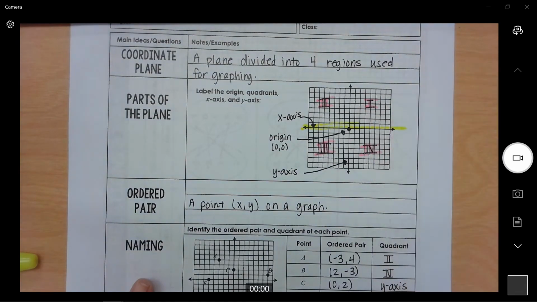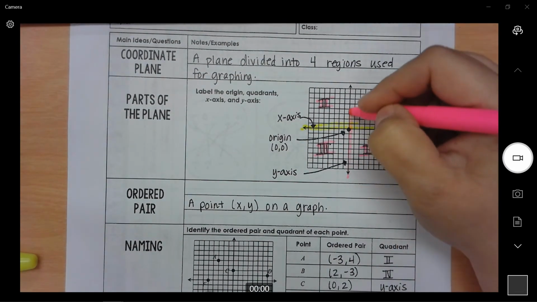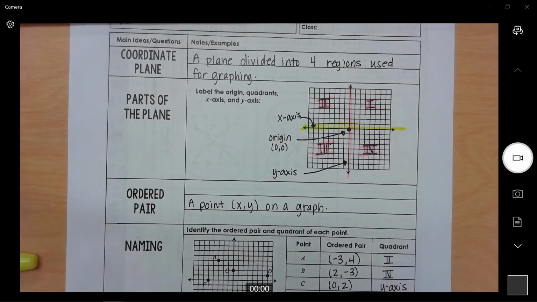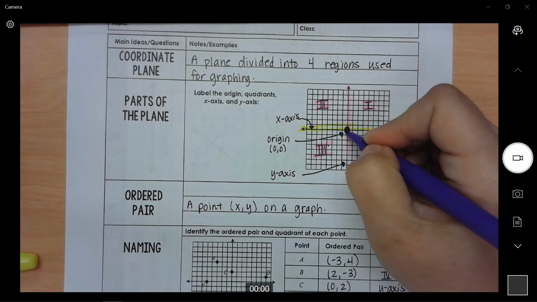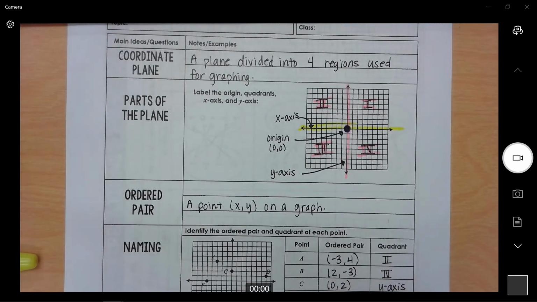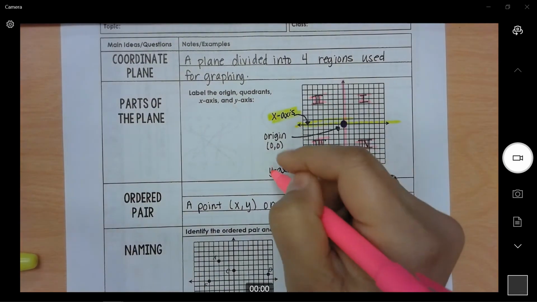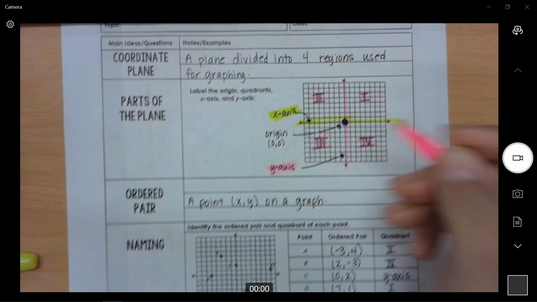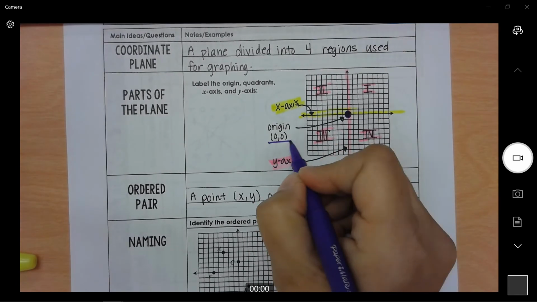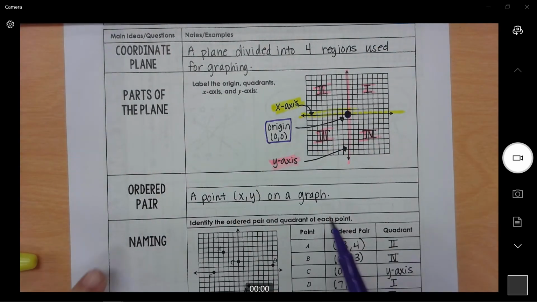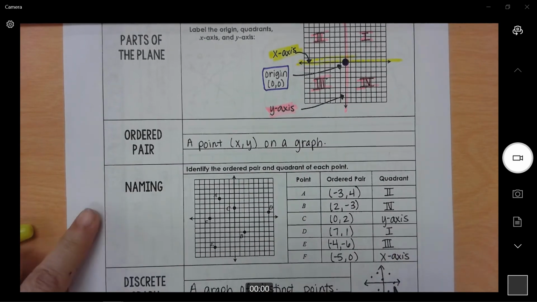We have our y-axis. And then we have the origin, which again is 0, 0. Okay, and then we have the ordered pair, which is again x, y on the graph.